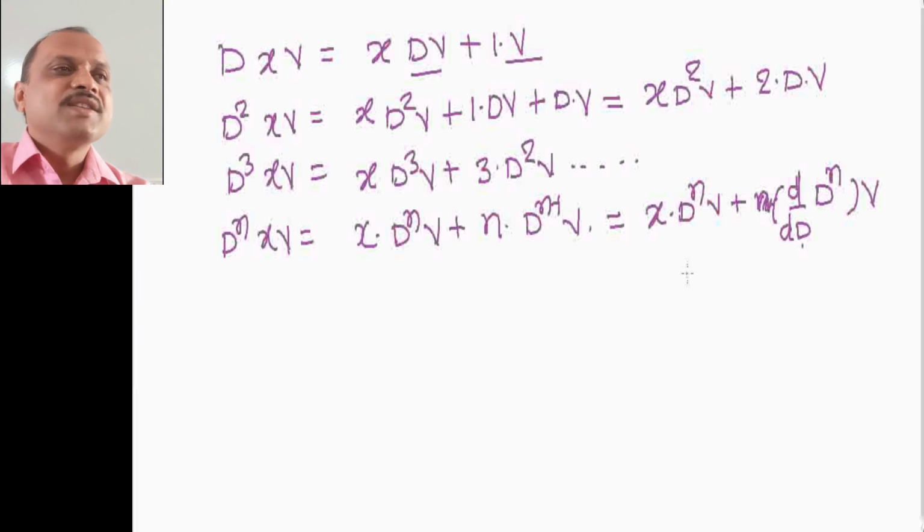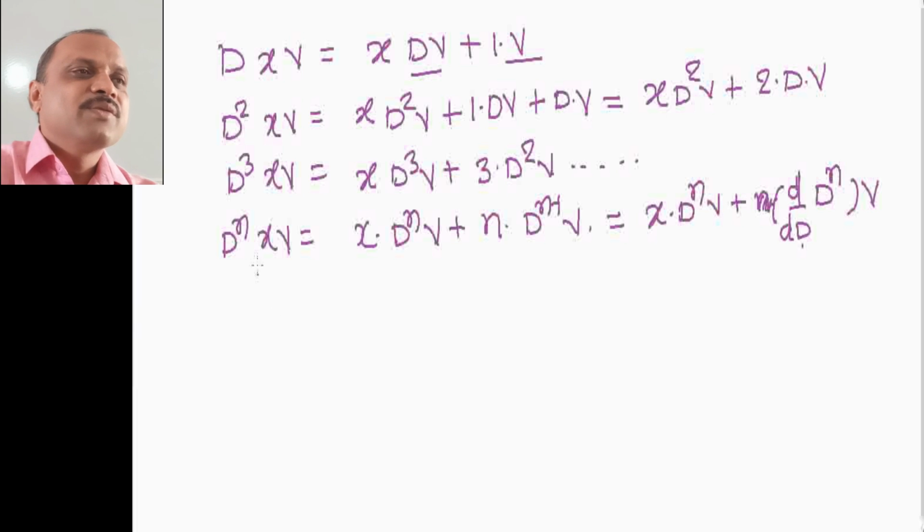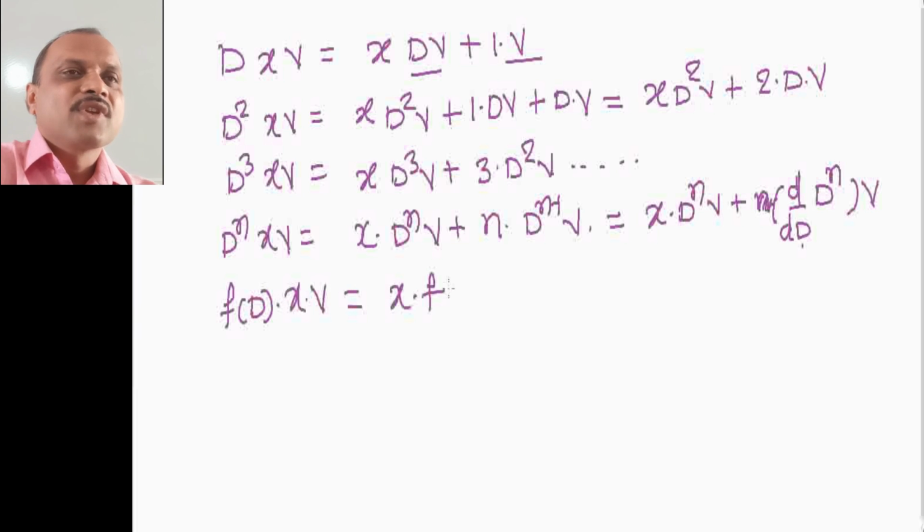Now adding all these terms, we get a function f(D) operating on xv equals x into f(D) operating on v plus f'(D) operating on v.